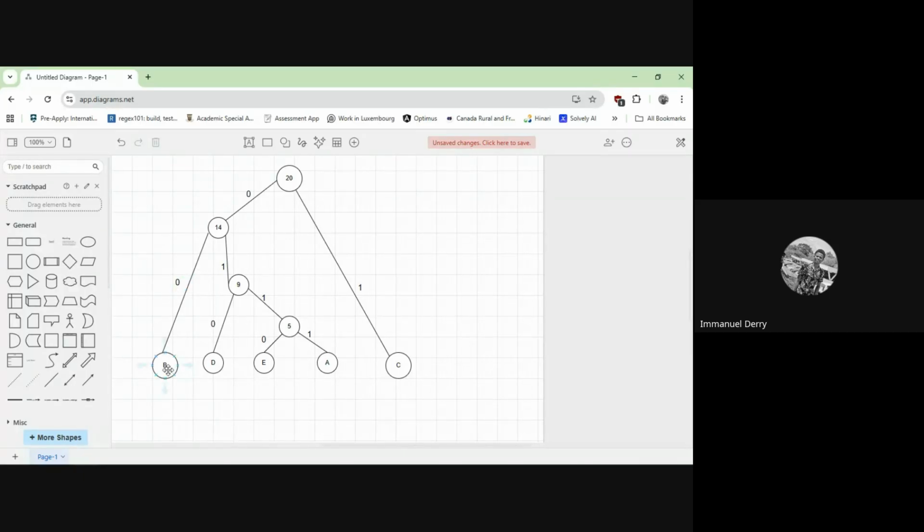So for this character B, who can help us read its binary representation from the Huffman tree? Anybody? We are tracing from 20 to B. Everybody is quiet. Okay, so it's going to be 0, 0. And then for D.